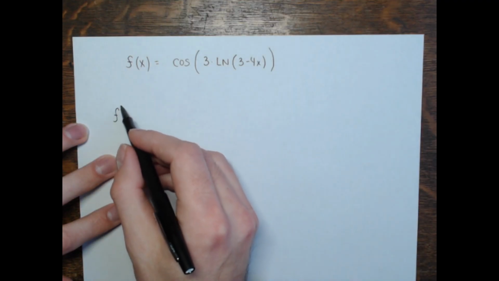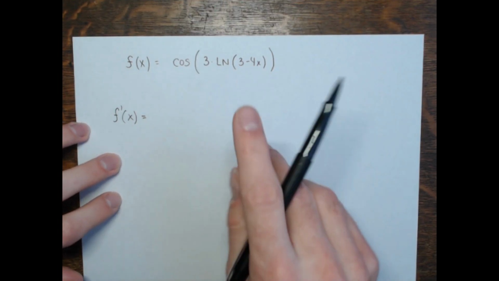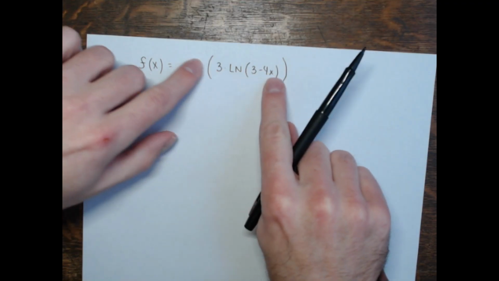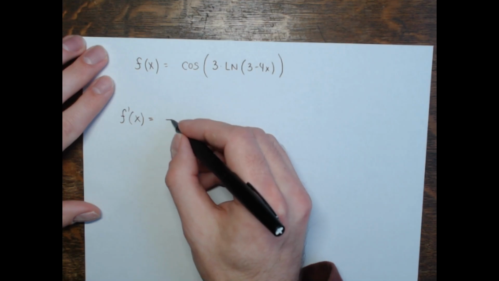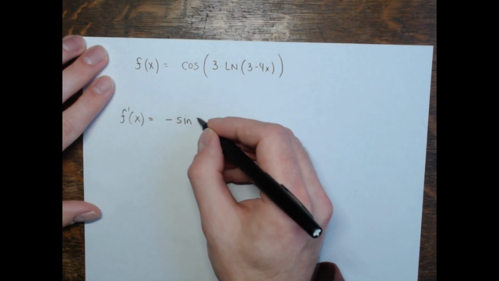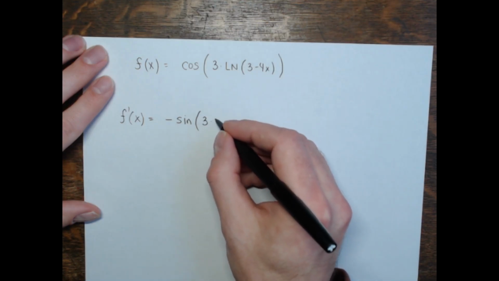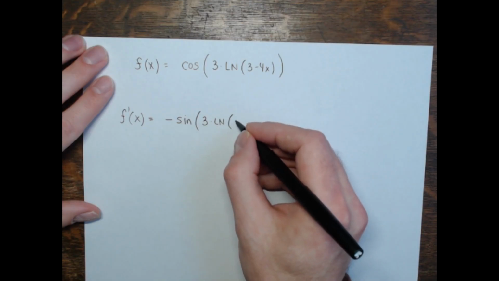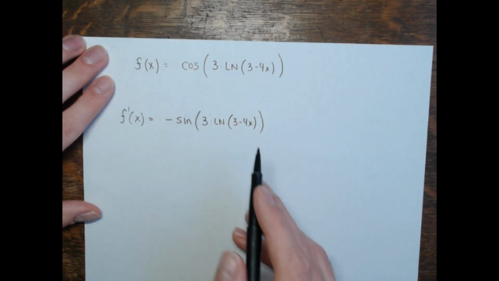So for the derivative, working from the outside in, there's definitely composition here. I see the cosine of something. Remember, the derivative of the cosine of something is the opposite of sine, or negative sine, with that still inside, right? So with 3 times the natural log of 3 minus 4x still inside this sine.